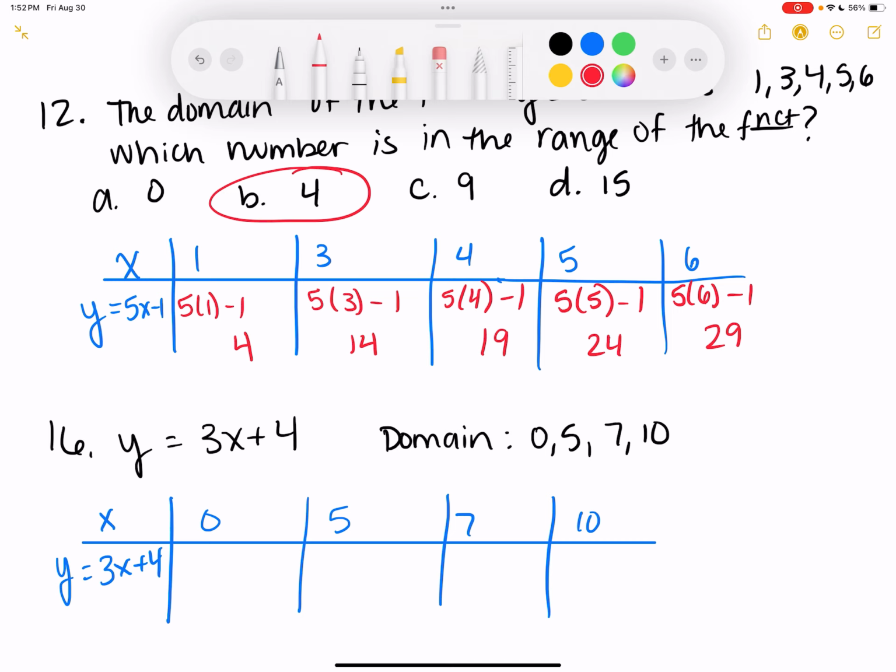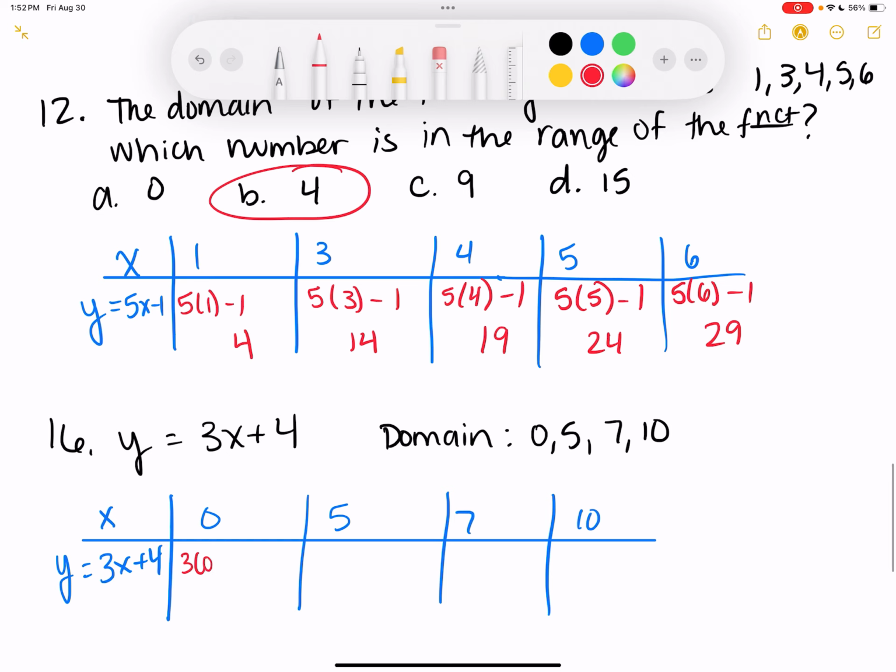I'm plugging these in for x. So 3 times 0 plus 4. 3 times 5 plus 4 is 19. 3 times 7 plus 4 is 25. 3 times 10 plus 4 is 34.